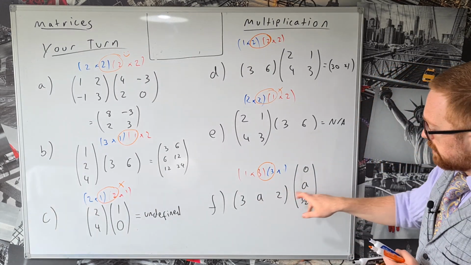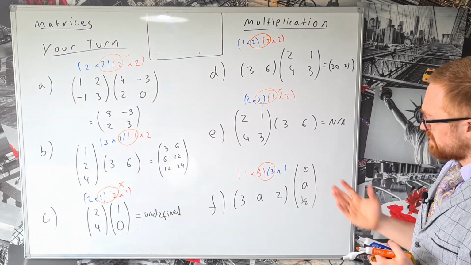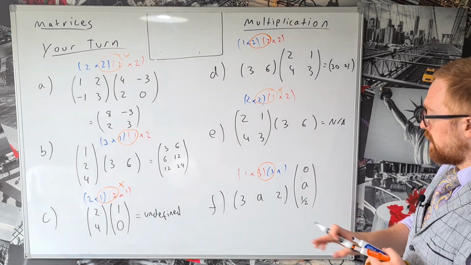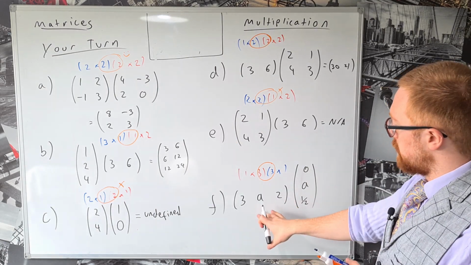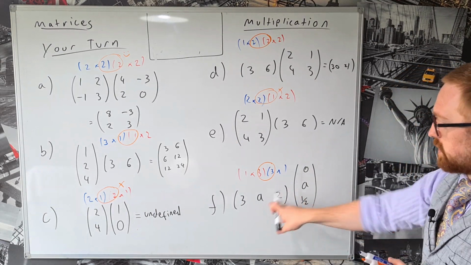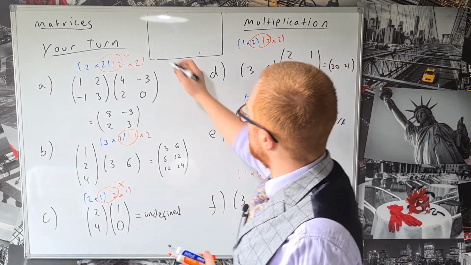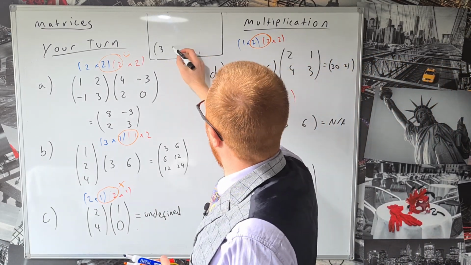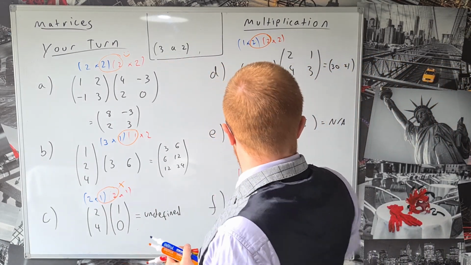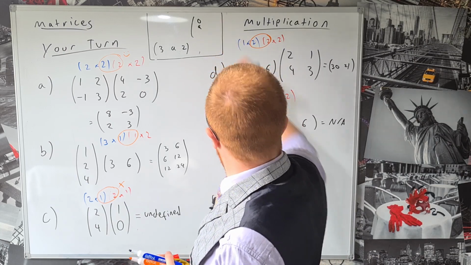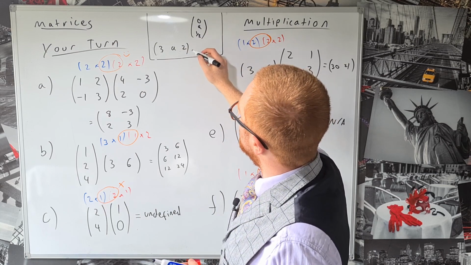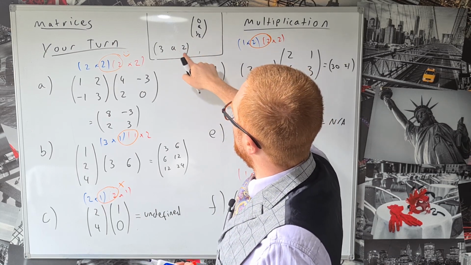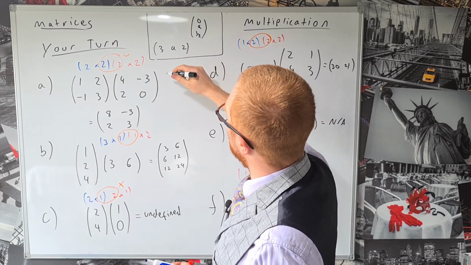Now this one's a little bit trickier because it's got an A in it. Absolutely no problem here though, because if we know how to multiply algebraic expressions together, especially if they're just A and A. So let's do 3 times A squared, and 0 times A, and 2 times 1 over 2. 3 times 0 is 0, A times A is A squared, and 2 times 1/2 is 1.